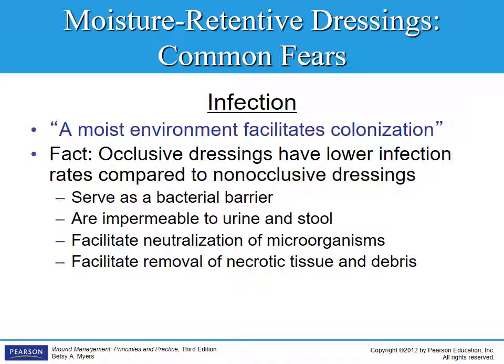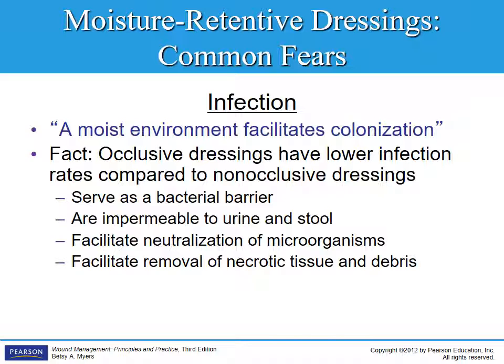All right, here are the most common fears when you talk about using a moisture retentive dressing. Number one is, it's going to cause infection because a moist environment facilitates colonization. In fact, occlusive dressings have lower infection rates compared to non-occlusive dressings.